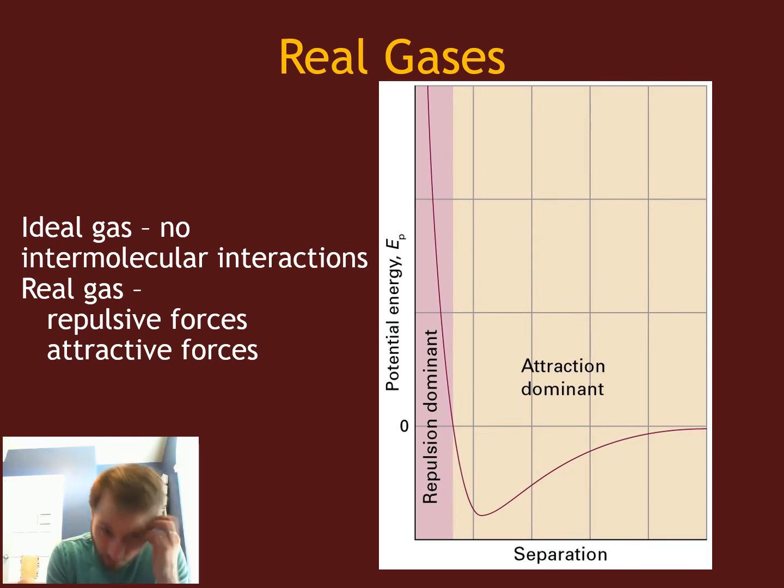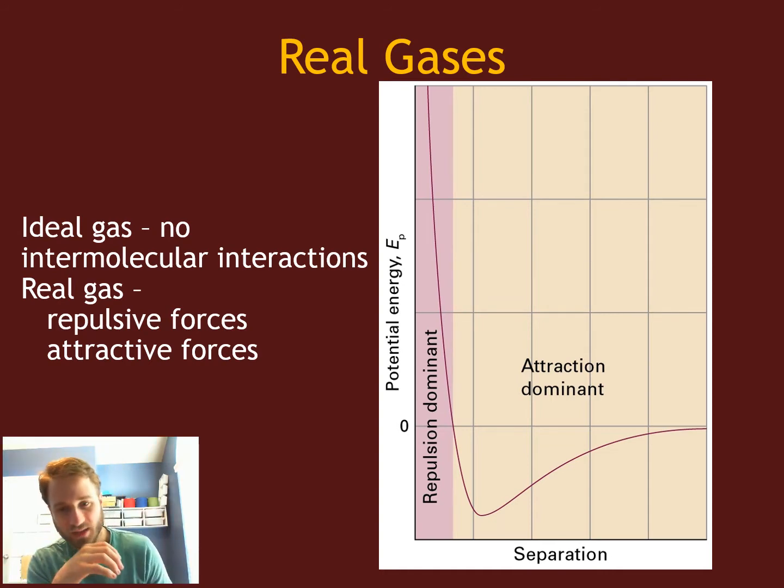So a real gas breaks some of the rules that an ideal gas follows. One of them is that for an ideal gas, there are no intermolecular interactions. For a real gas, there are. These intermolecular interactions could be attractive, which is given in this gray region in this curve over here, or repulsive, in this maroonish region on the left.